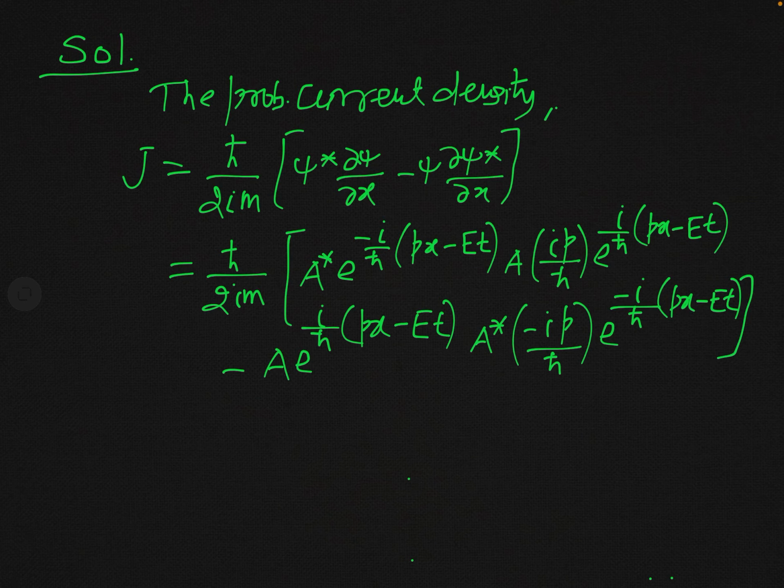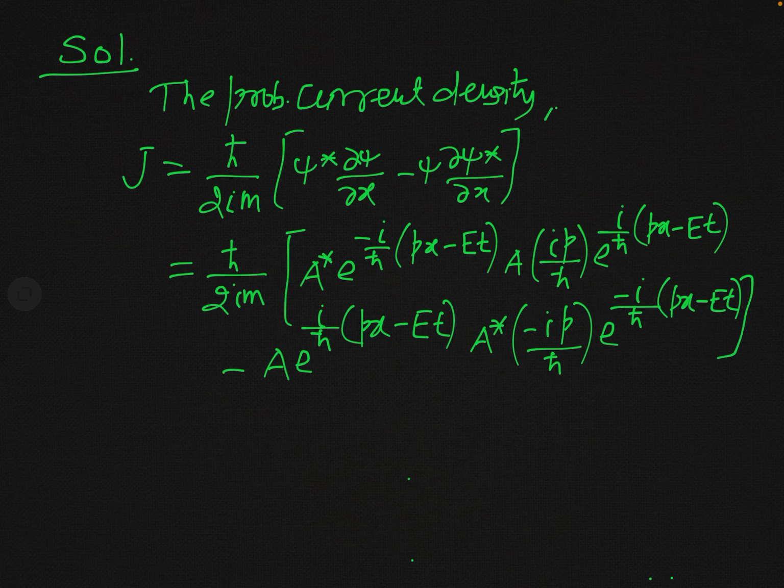And so from here we can see what our result will be. In fact, you can see that the exponential terms e to the power minus i over h cross (px minus Et) into e to the power plus i over h cross (px minus Et) will cancel out and that will be simply 1.